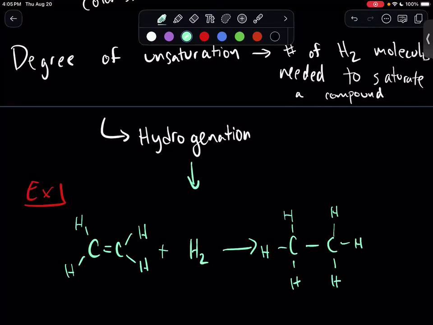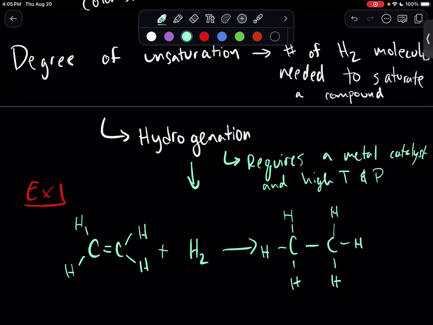So one thing to note is during hydrogenation, it doesn't happen as quickly or at room temperature. Generally, the process of hydrogenation actually requires a metal catalyst and a high temperature and pressure.